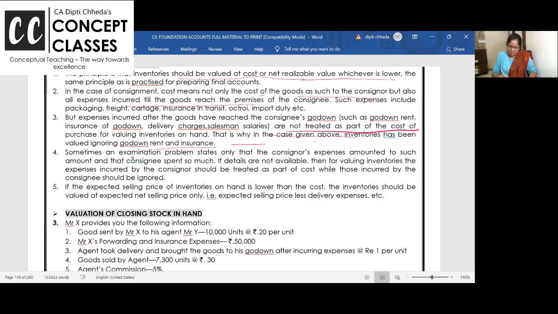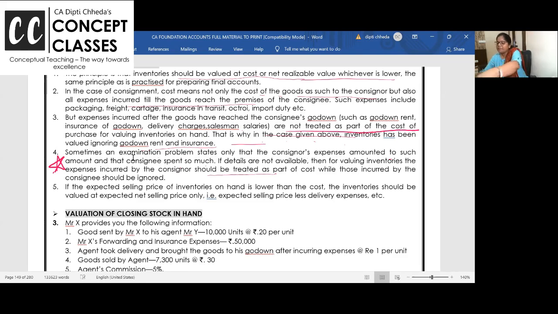Sometimes in exam, this point is important for all of you. Only the consigner's expenses are given, and the consignee has spent this much, but details they have not given. Then for valuing inventory, expenses incurred by the consigner should be treated as a part of the cost, while those expenses incurred by the consignee should be ignored.